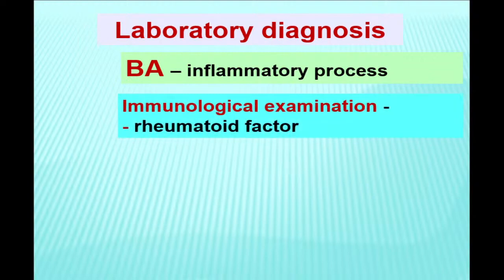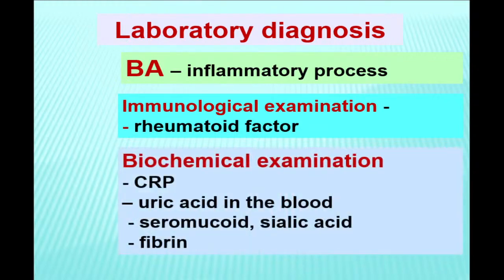We can prescribe specific immunological examination, rheumatoid factors, especially to reveal rheumatoid arthritis, and some biochemical indices such as C-reactive protein, examination of uric acid in the blood, some indices which show problems with connective tissue: seromucoid, sialic acid, fibrin.